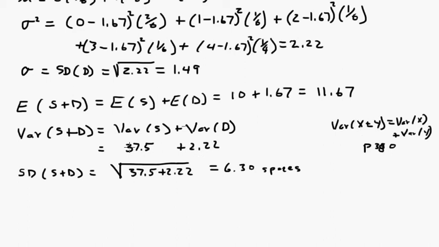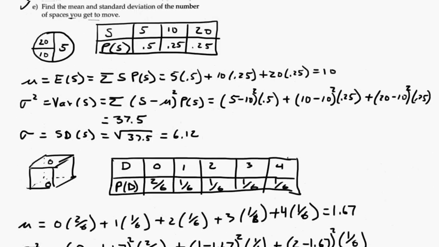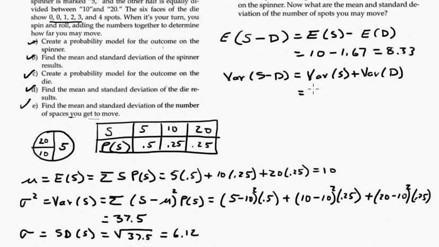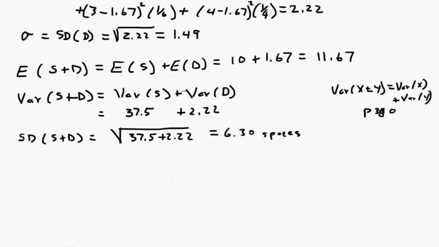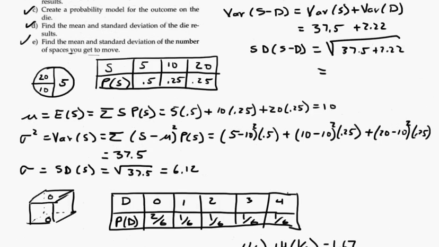So it's just this right here, and the standard deviation is going to be the same. You really don't even have to compute it, but 37.5 plus 2.22, so the standard deviation of the difference is going to be the square root of this. You could add them if you want. And it was 6.30.